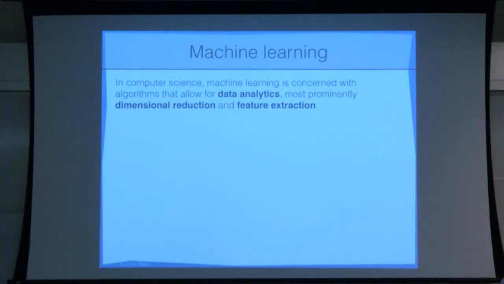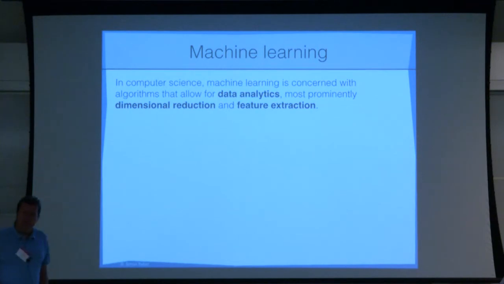So it's about manipulating data and extracting interesting stuff from this. And dimensional reduction means it's a lot of data and it's only a few features that you get out at the end of the day.